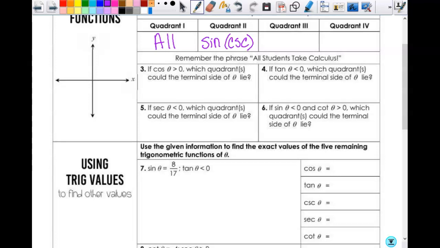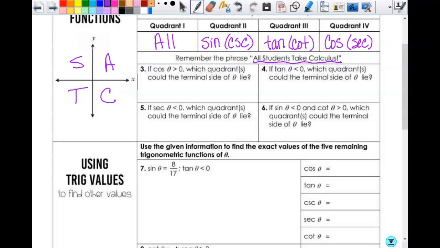And then I know everything about sine, so you want to make sure you can keep those connected. So quadrant 3, what's positive? Tangent or cotangent. And quadrant 4 would be cosine or secant. And that's where your All Students Take Calculus comes from. And it says, remember this phrase.